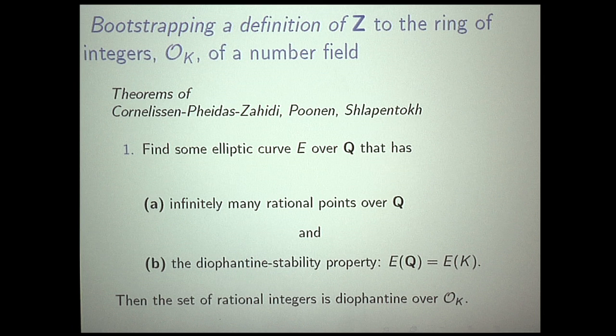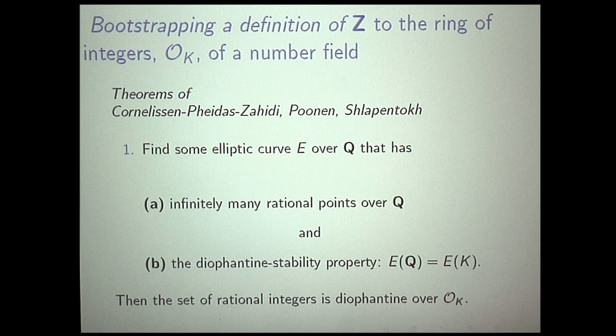Suppose you found an elliptic curve E, say over Q, that has infinitely many rational points over Q, and the Diophantine stability property of last time. That is, say, the Q rational points are the same as the K rational points. Then the set of rational integers is Diophantine over OK. I'll give you a closer view of why that might be in a few minutes.